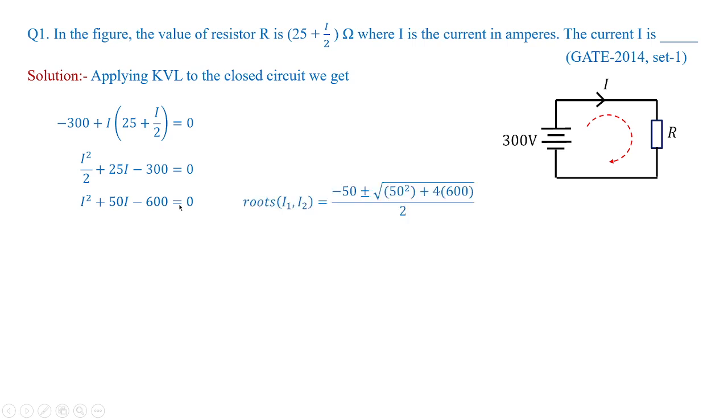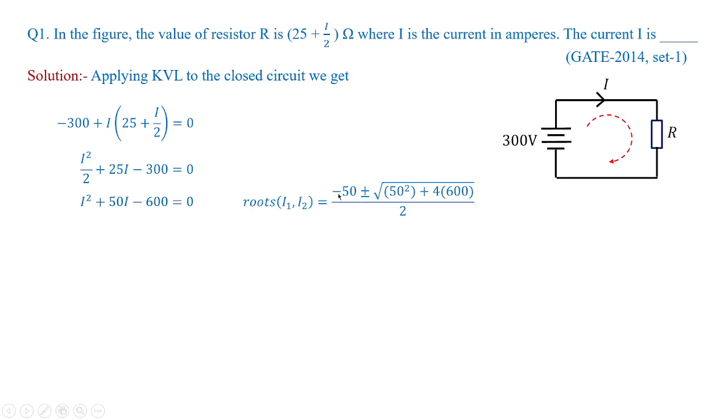It's a quadratic equation, so I'm going to get the roots I1 and I2 as minus b plus or minus under root of b square minus 4ac, divided by 2a. Here instead of a we have 1, instead of b we have 50, and instead of c we have minus 600.